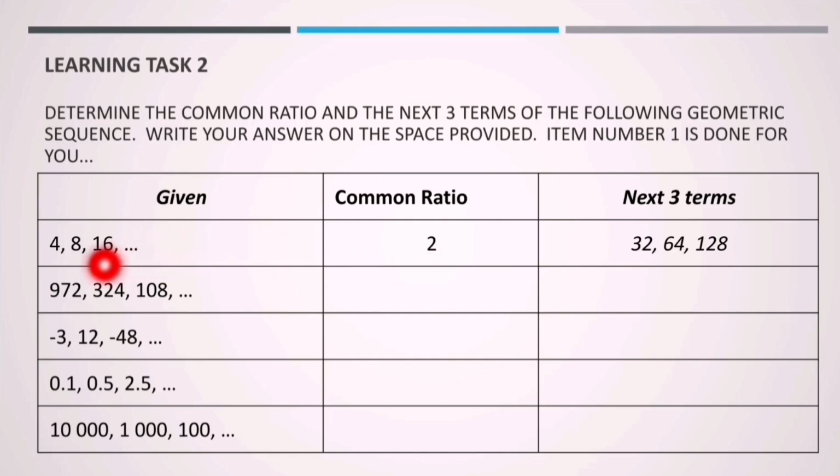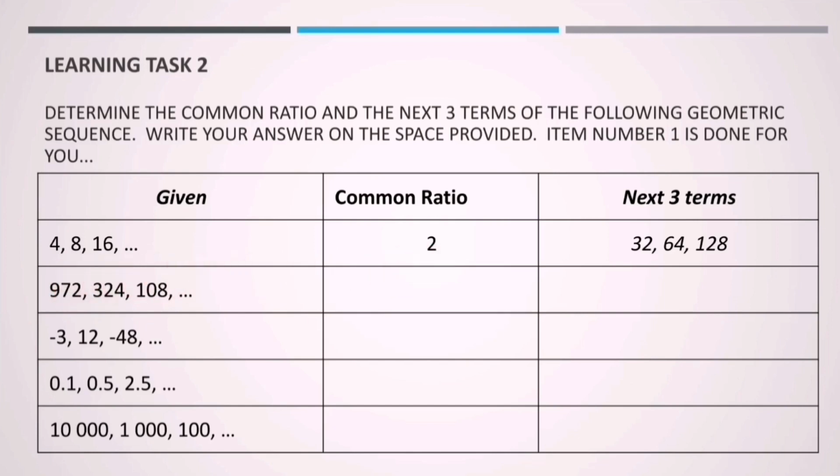You need to divide the second term by the first term. So 8 divided by 4 is 2. Or, to make sure, divide the third term by the second term. 16 divided by 8 is also 2.